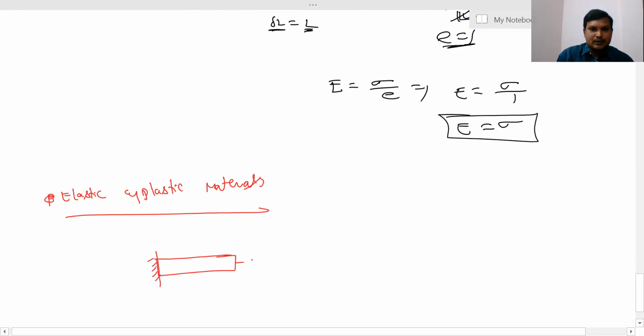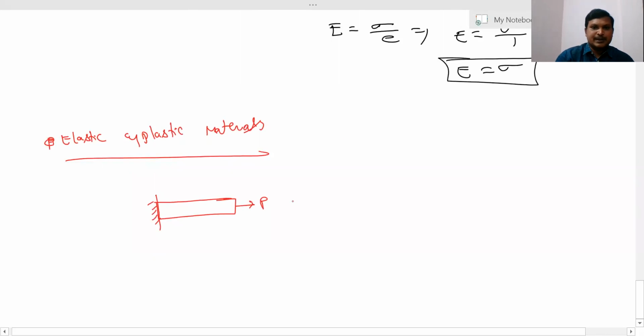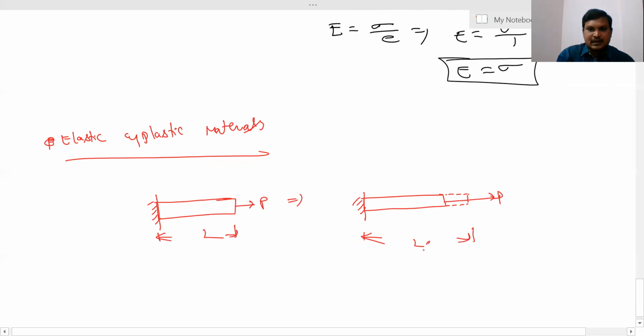Applying the load, what happened? This material will deform like this. Initially this is a length L, and after this the final length is LF. So there will be a deformation delta L.